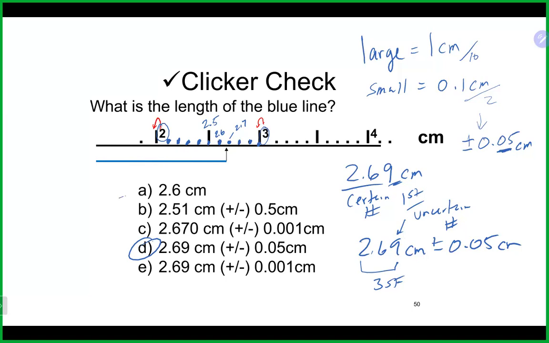This is why this is not good. That would have only 2 significant figures, right? The 2.6. This guy would have 3 significant figures, but definitely is more than 2.5, so that is no good. That is 2.67, which is an okay measurement, except they actually threw an extra 0 in there, which means it now has 4 significant figures.